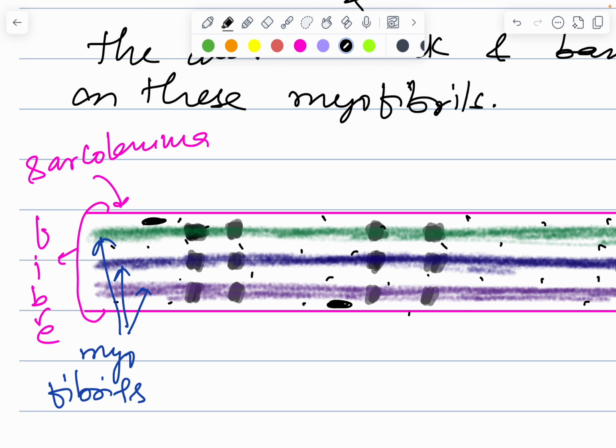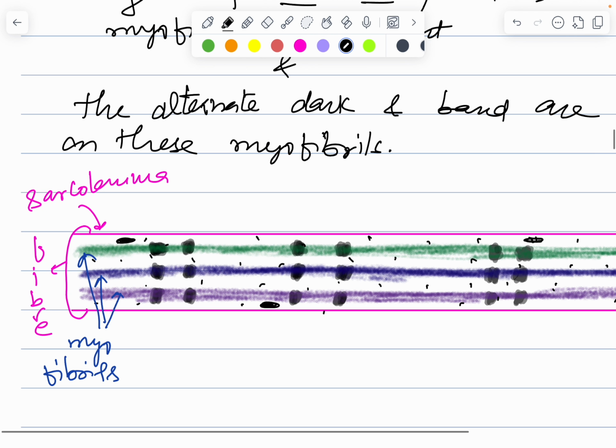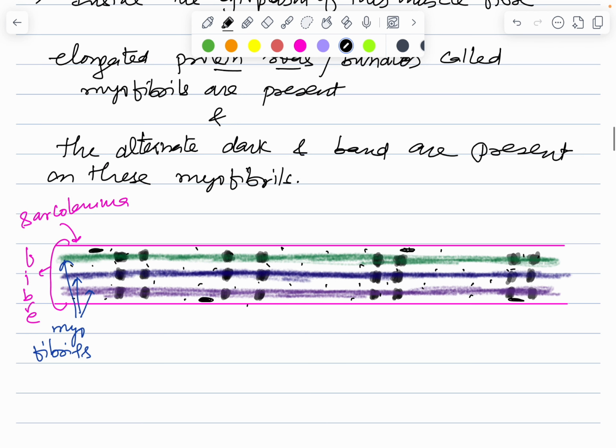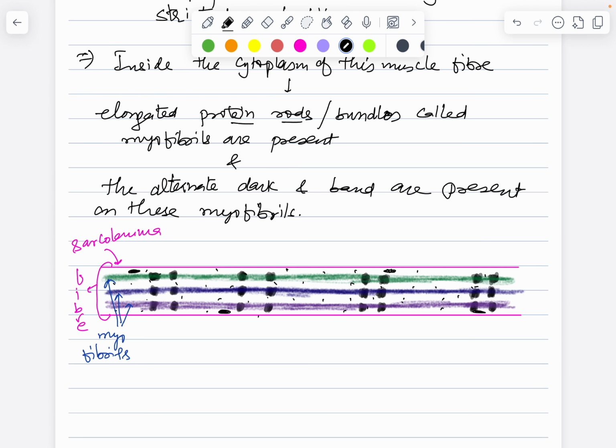They are located on the myofibrils, not exactly on the muscle fiber. But you got my point, right? Because the cell membrane is somewhat transparent, the dark and light bands seem to be present on the surface of the cell itself.